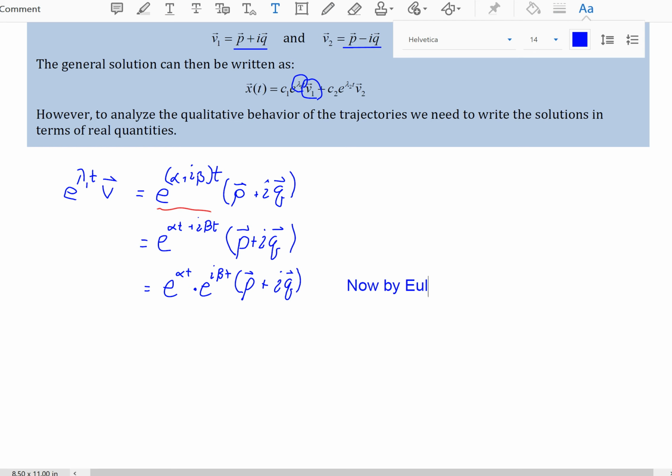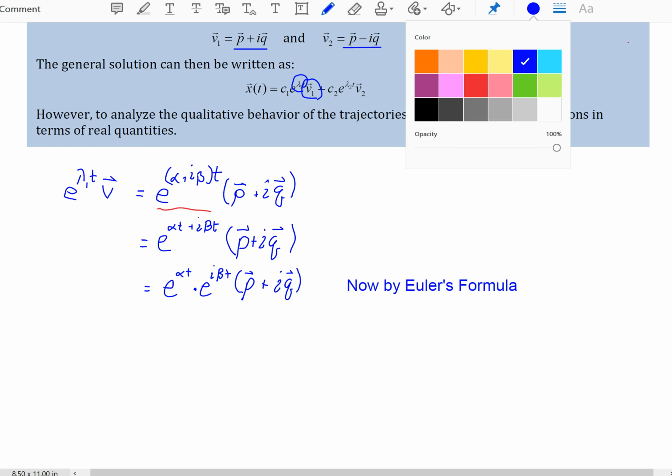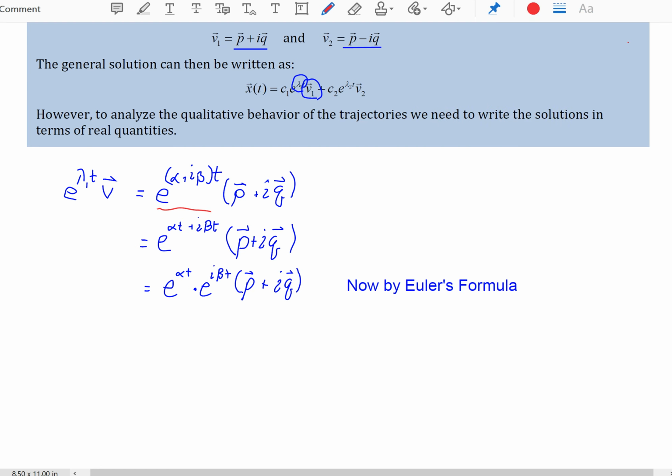Now, by Euler's formula, we can rewrite this e to the i beta t as e to the alpha t times cosine beta t plus i sine beta t.